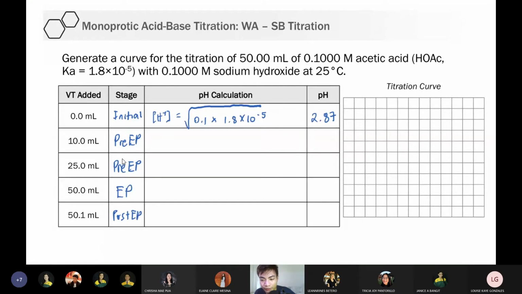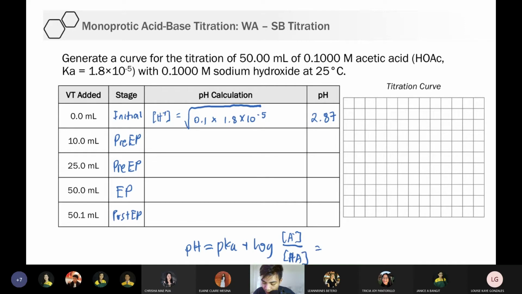Now we are on the pre-equivalence point. Pre-equivalence point, that means we have a buffer system right now. We have a mixture of the conjugate base and the acid. So that means we have to use the Henderson-Hasselbalch equation, which has the form pH equals pKa plus log of the conjugate base over the concentration of the acid.